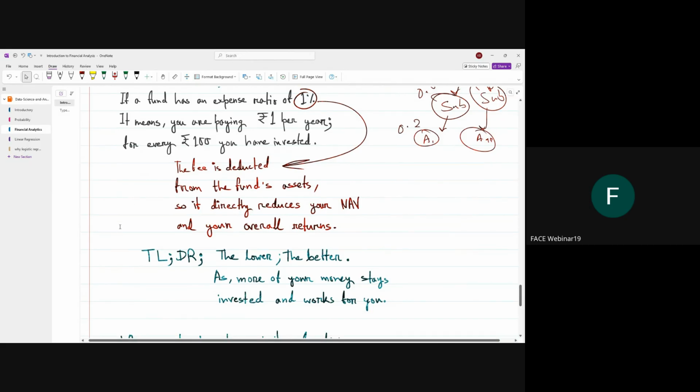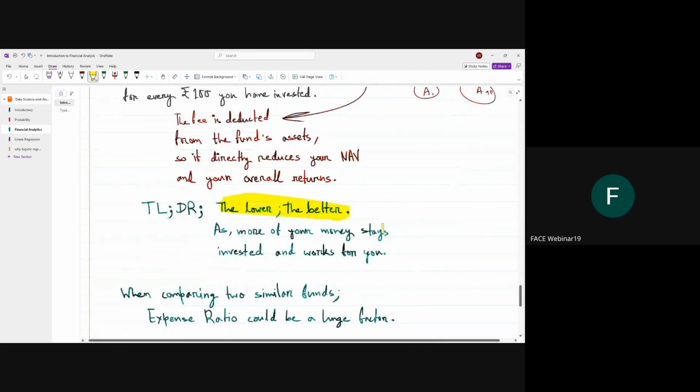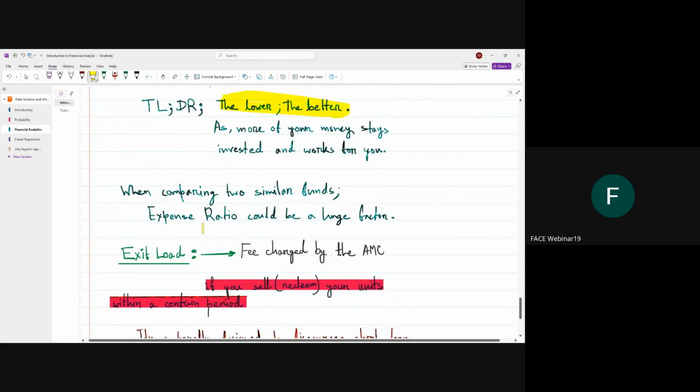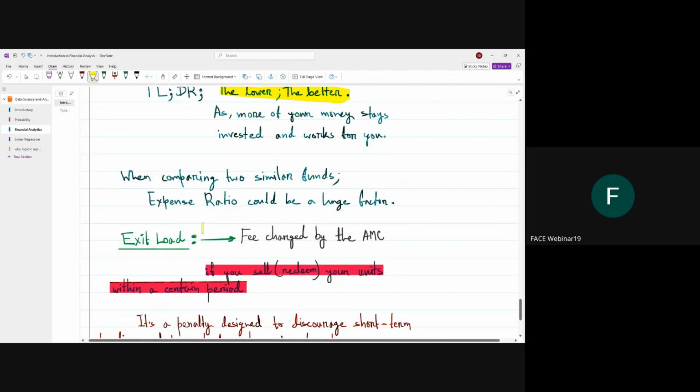So the more the expense ratio is, the lesser the return would be. The rule of thumb is the lower the better. If you compare two funds and both have the same growth, and one of them has a lower expense ratio, that one is much better.